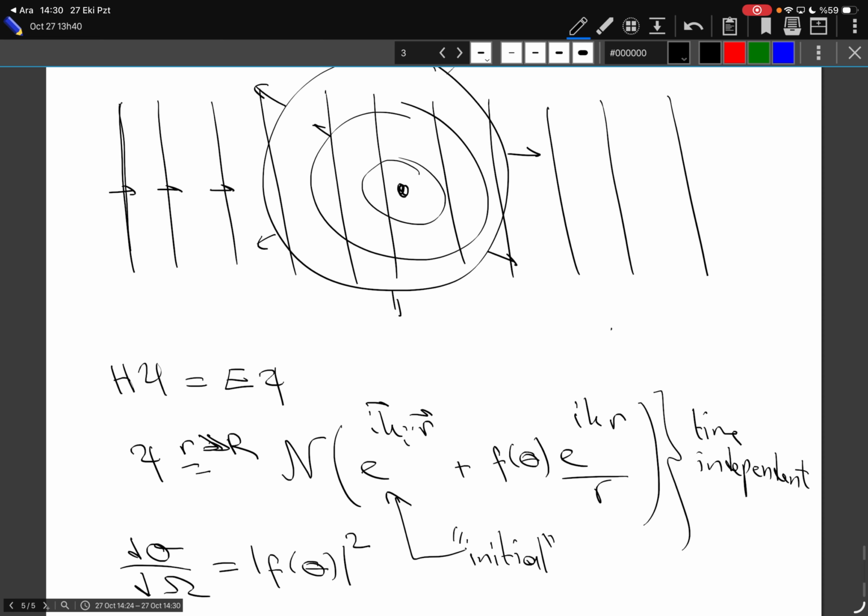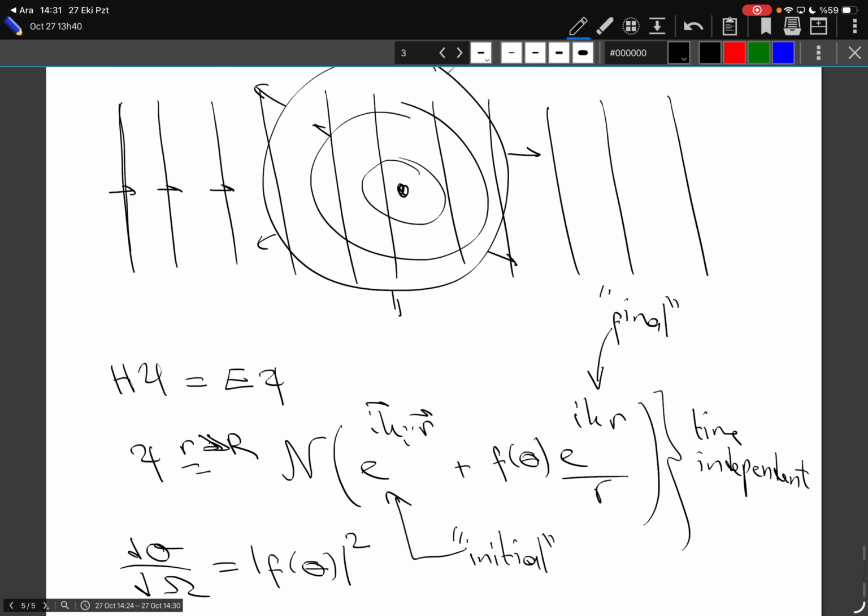We identify this component as the final, as if there's some time dependence. But within this framework, there's no time dependence. Now, in the next hour, we will start the time-dependent treatment of this process. In that case, the initial will actually be the initial state, the final will actually be the final state.